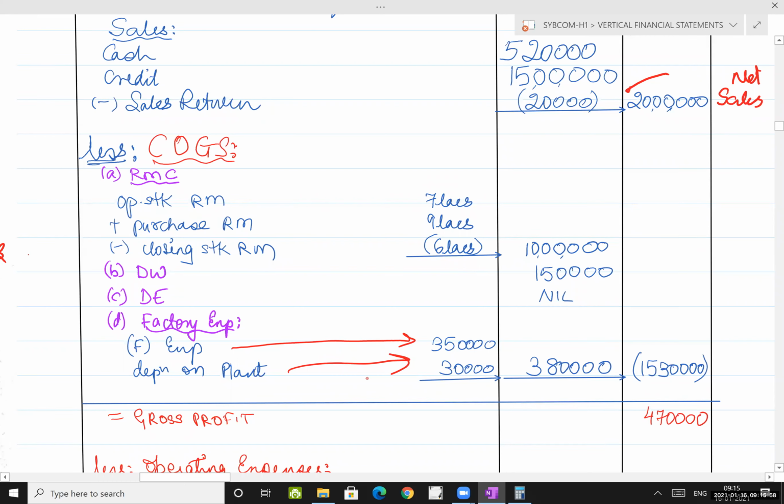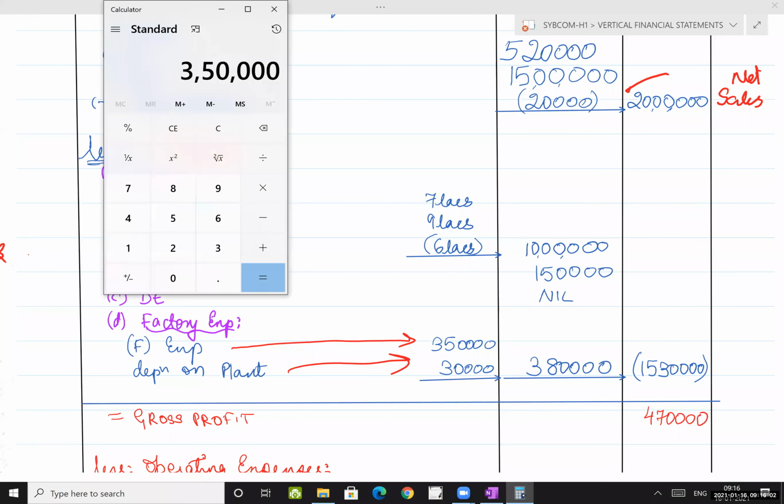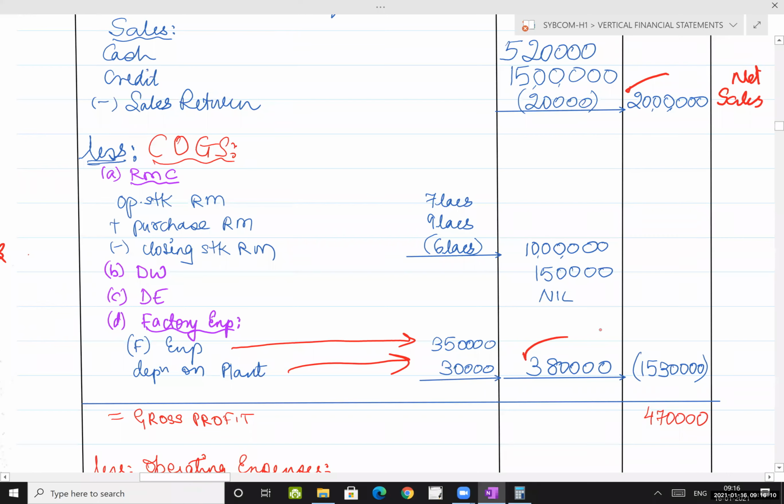Okay, it's 3 lakh 50. Yeah, 3 lakh 50 plus 30. So that's 3 lakh 80. Okay. So total it and take it in the output column.